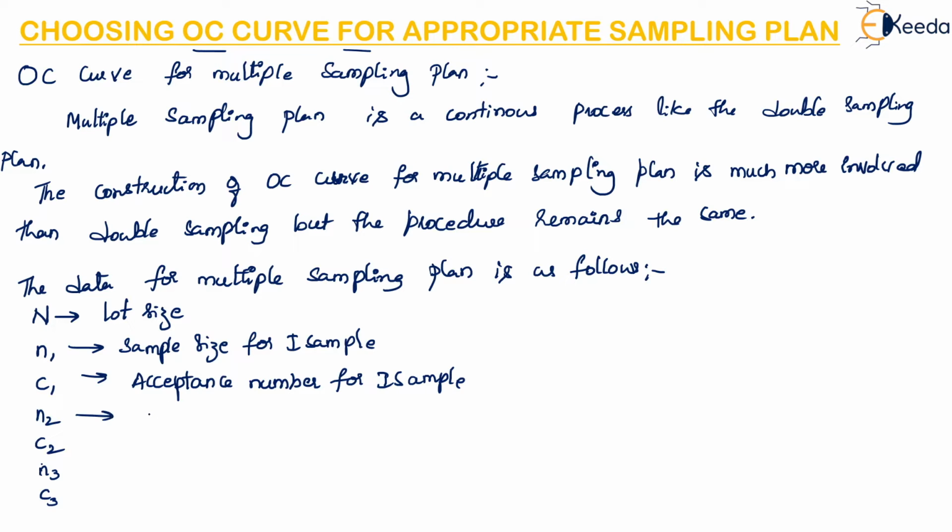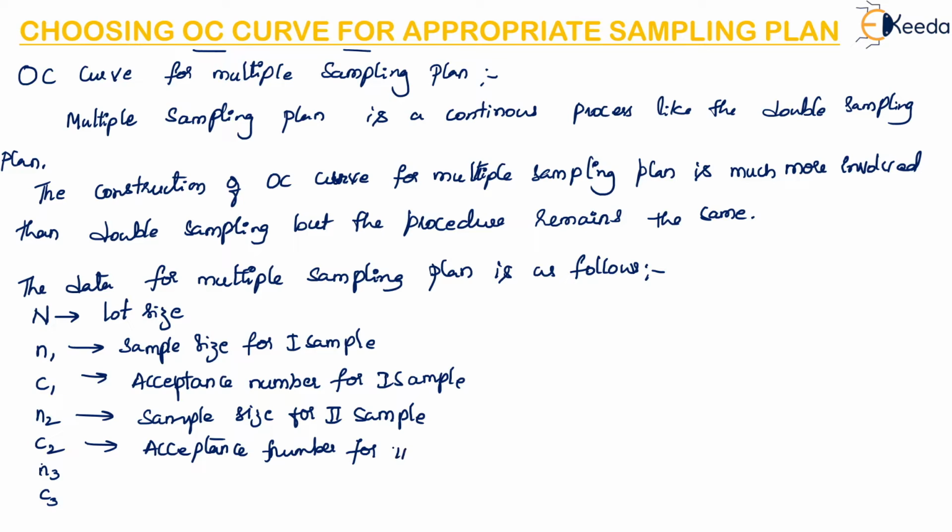In the same way, N2 is the sample size for the second sample, and C2 is the acceptance number for the second sample. N3 is the sample size for the third sample, and C3 is the acceptance number for the third sample.